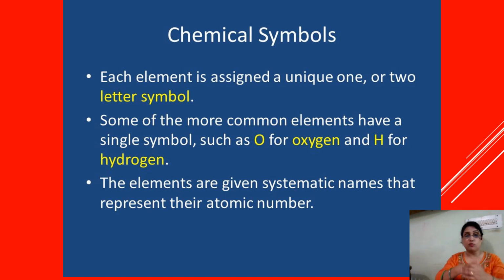Let's move to the next part, that is chemical symbols. Why exactly is a chemical symbol required in chemistry? A chemical symbol is essentially the name of the element, a unique name for each element. Now tell me, there are more than 100 elements in the periodic table, and there are only 26 letters in the English alphabet.